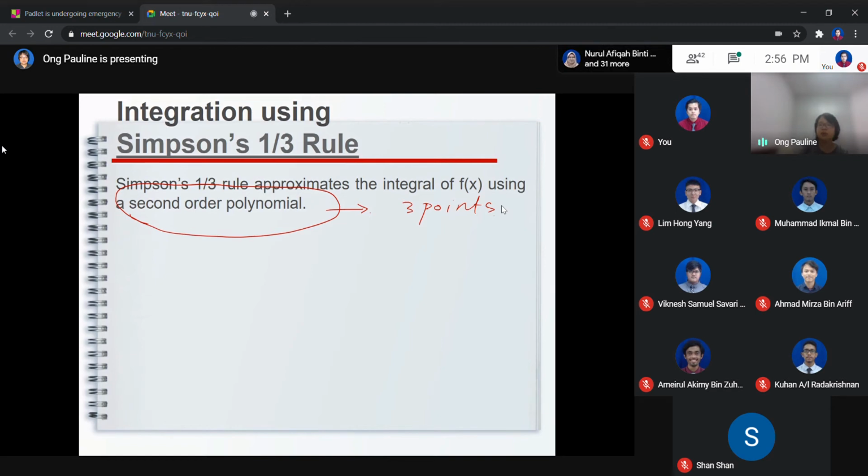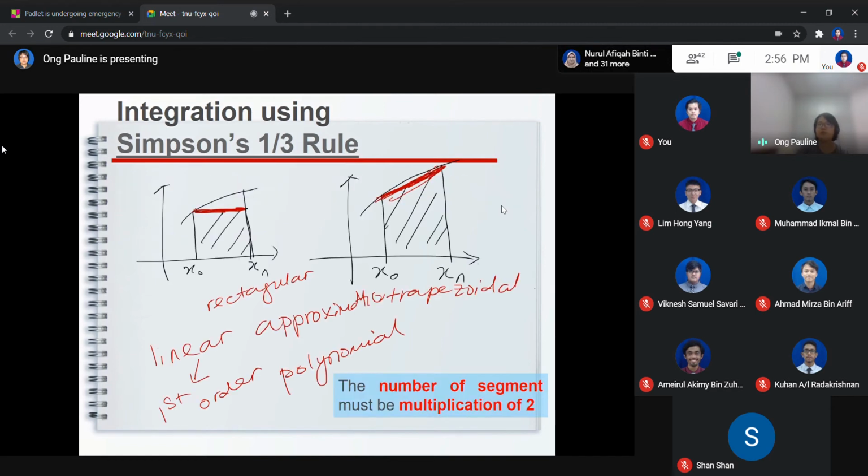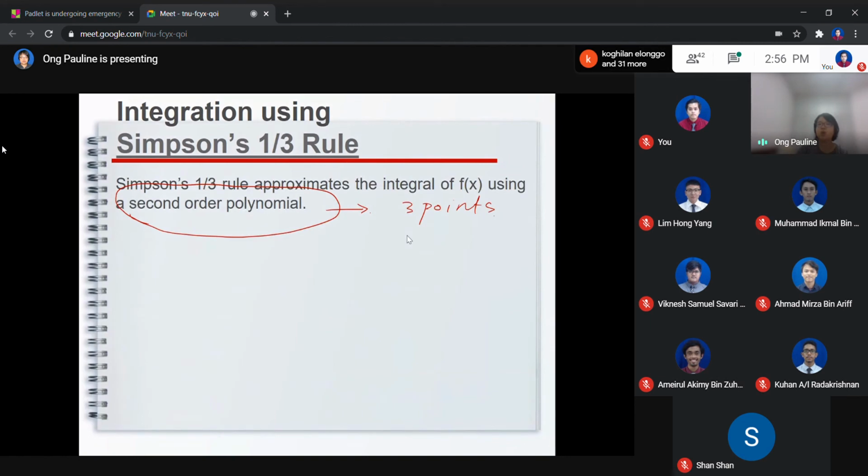So the basic block for the rectangular rule and the trapezoidal rule is either 1 rectangle or 1 trapezium. Whereas for the Simpson's 1/3 rule, since we need to have 3 points in order to form a second order polynomial, the basic block for us to do the approximations will look like this, because you have 3 points. Let me name this as x0, this is x1, and this is x2.